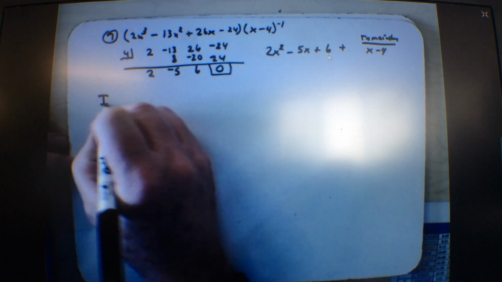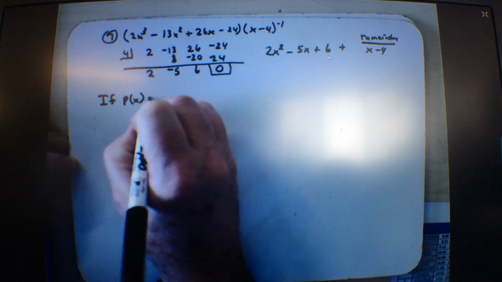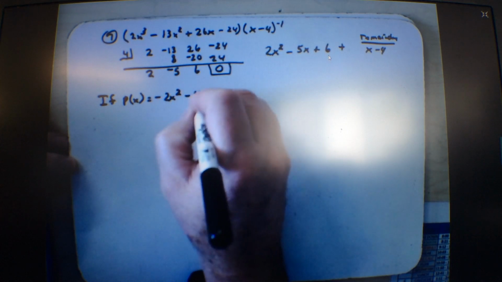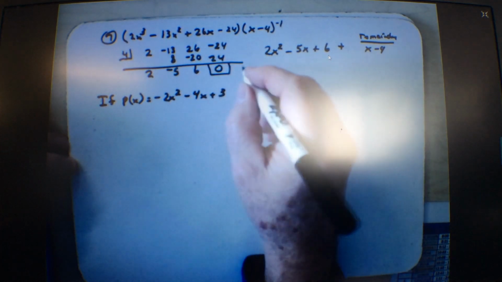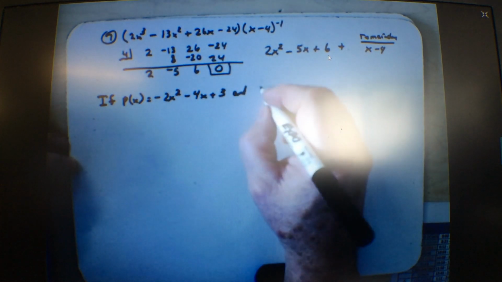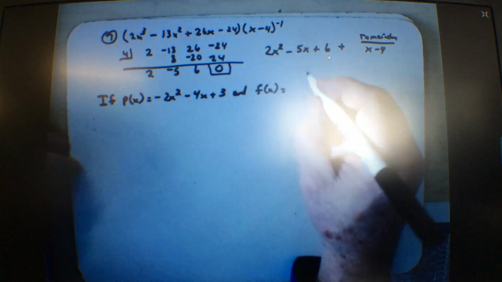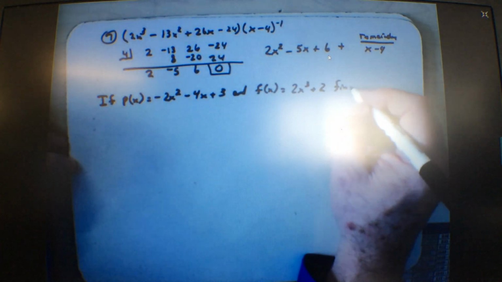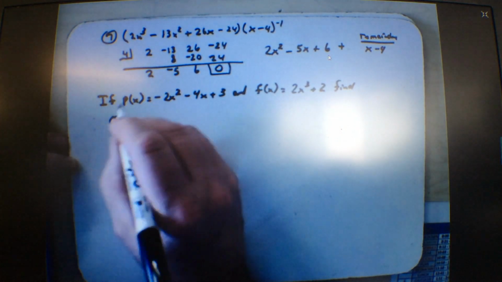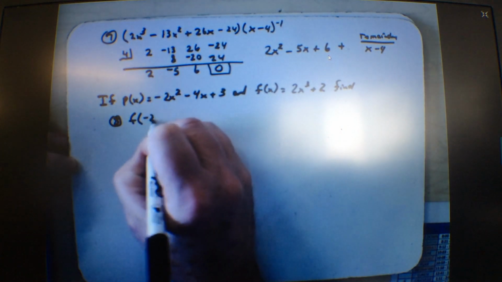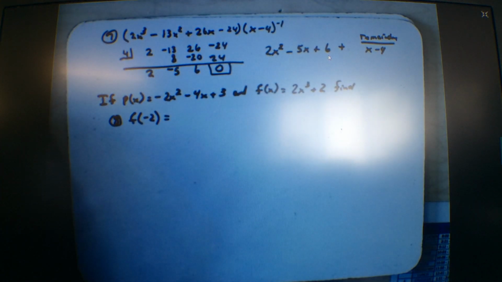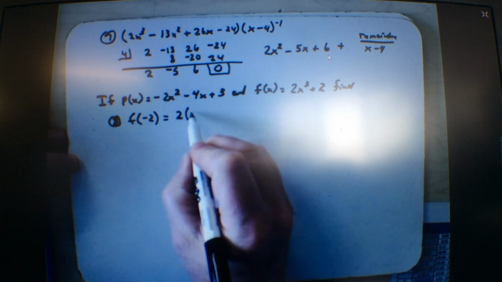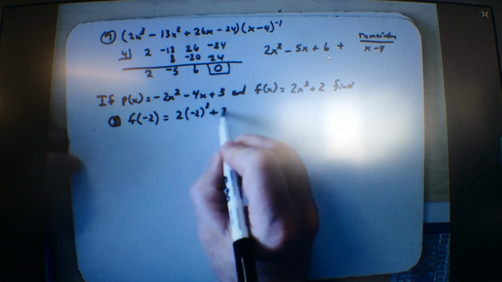It'll say if P of x equals a negative 2x squared minus 4x plus 3, and f of x equals 2x cubed plus 2, find, and then number 8 would say something like this, f of a negative 2, okay? So you have to figure out which one to put it in, right? And I would put it into this one, and you can use your calculator, cube plus 2.